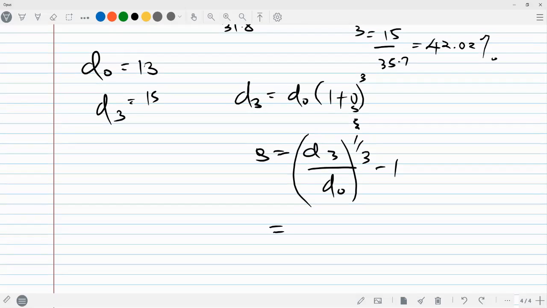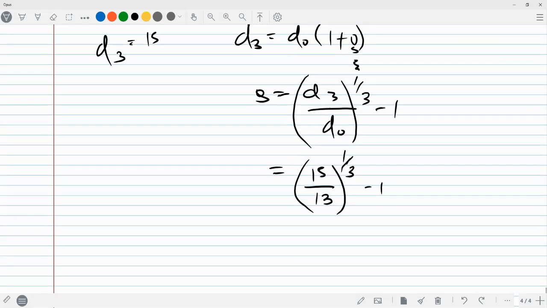It grew from 13 to 15, so 15 divided by 13, and this growth has been experienced over 3 years, therefore the power of a third, minus 1. What is the mean growth over those 3 years?